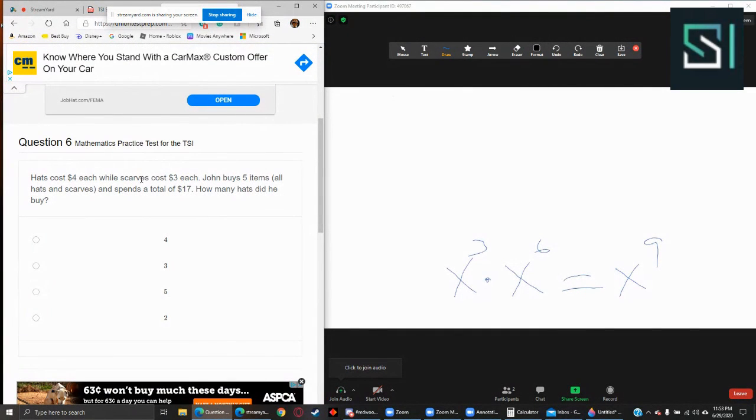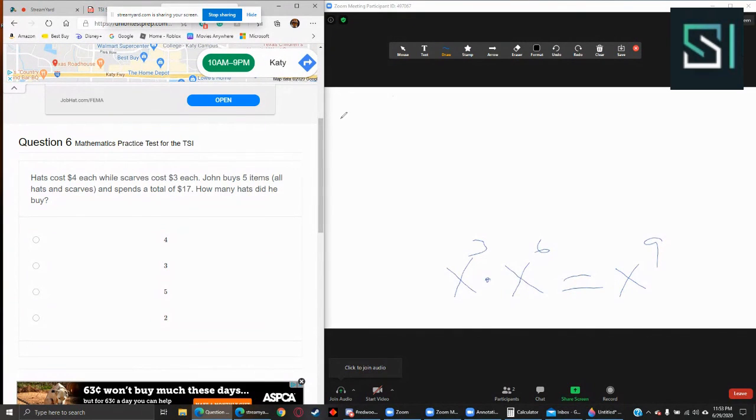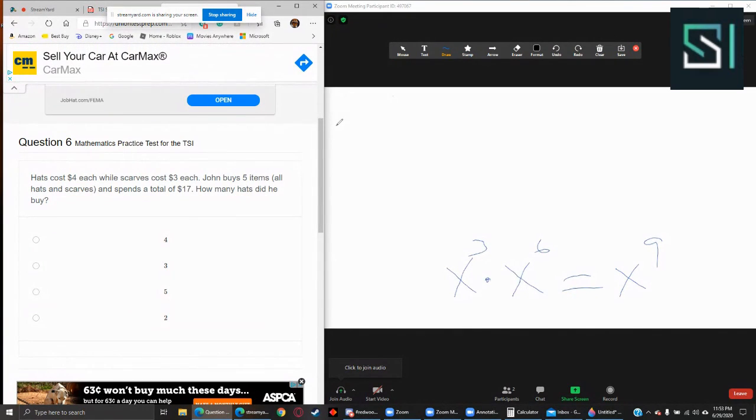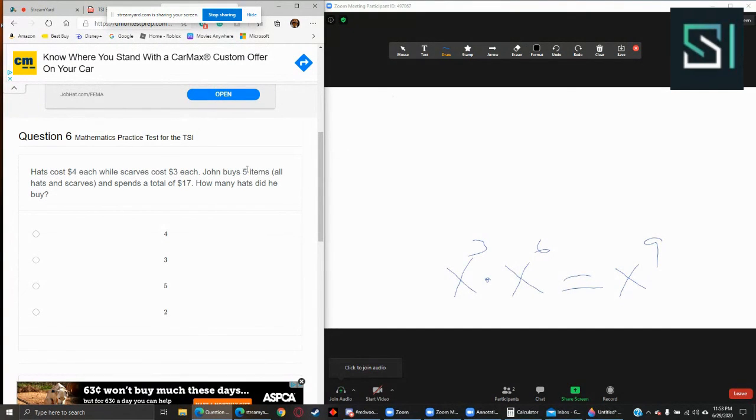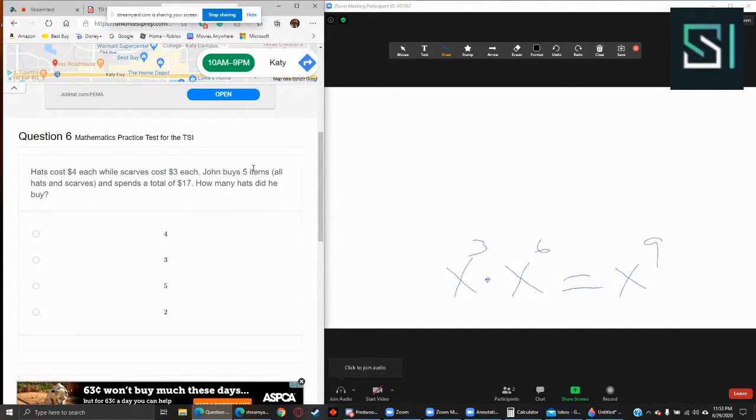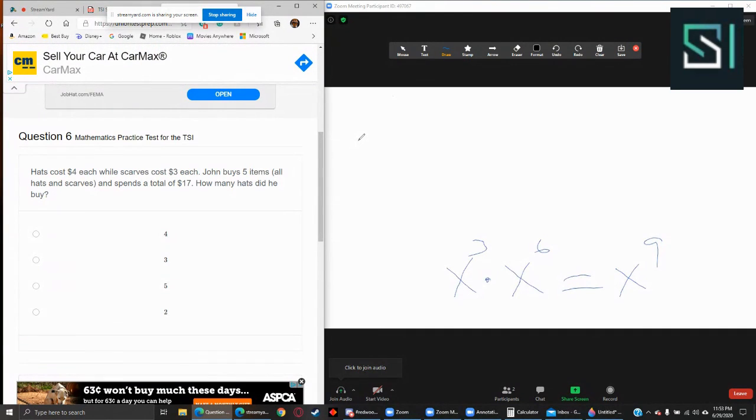Hats cost $4 each. This is more of a logical reasoning. Do you know how to come up with the algebraic expression for this? Have you seen something like this?